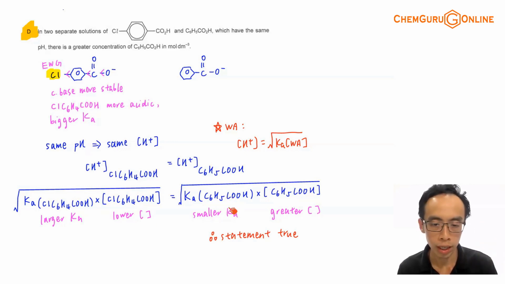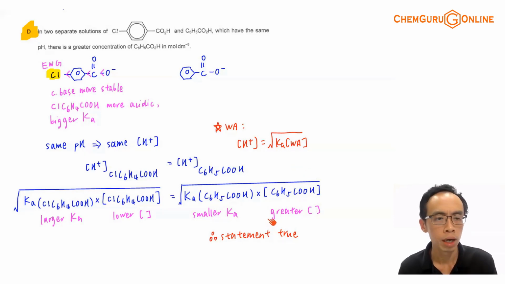And if I have a smaller Ka, I will have a bigger acid concentration, in order for the H+ concentration to be the same. So benzoic acid is a weaker acid with a smaller Ka value, therefore the concentration of benzoic acid has to be bigger. And this is the reason why statement D is true.